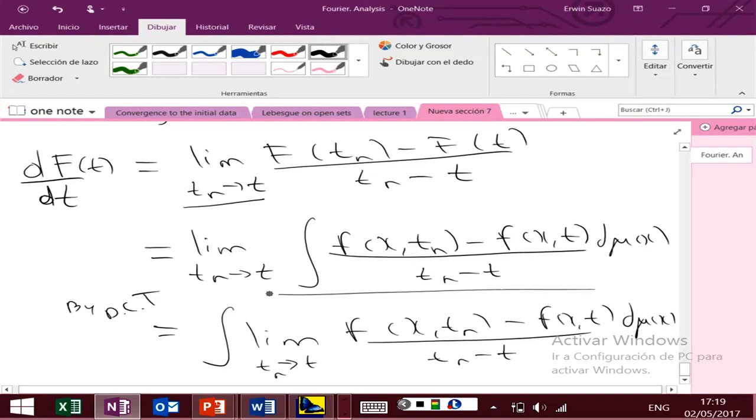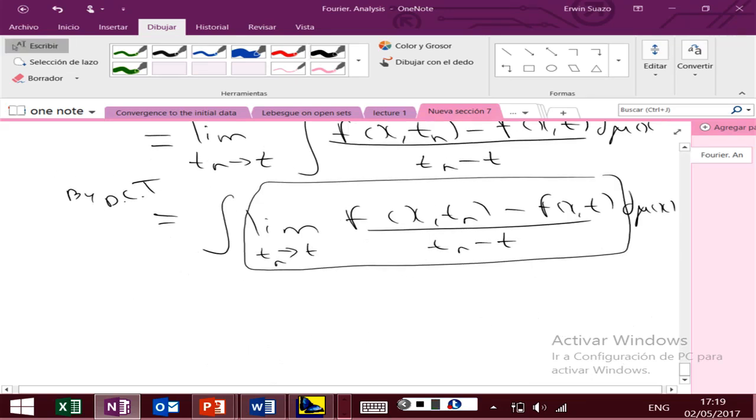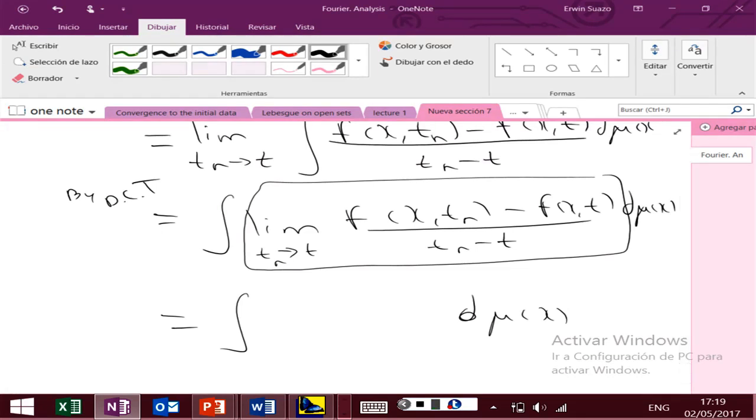When you take this limit, what do you get? The integral d mu of x of what? What is the definition of this one? You have x fixed, but t sub n goes to t, so this is going to be the derivative of f with respect to time of x t.